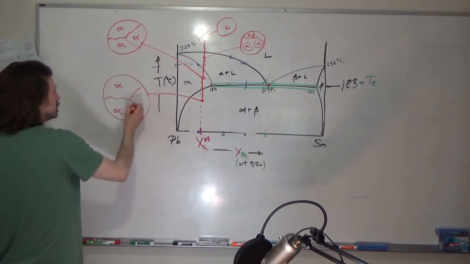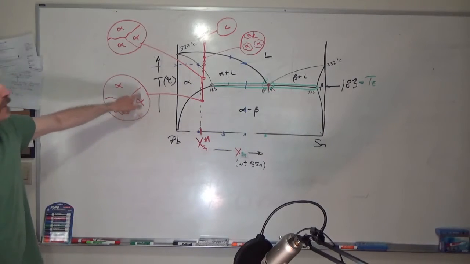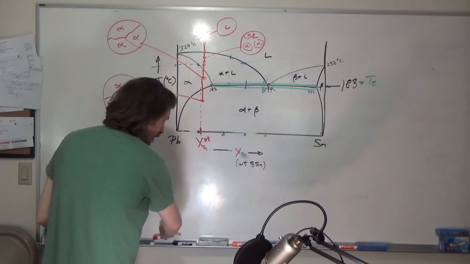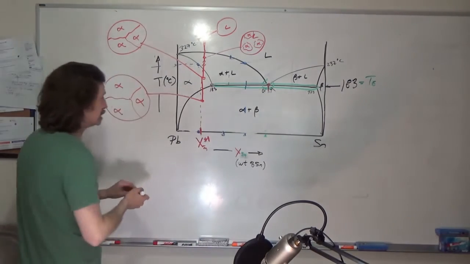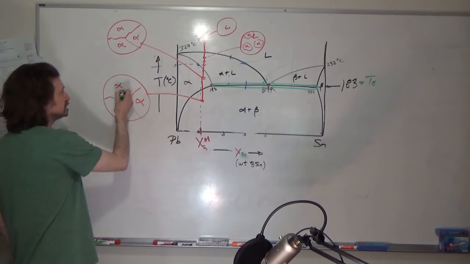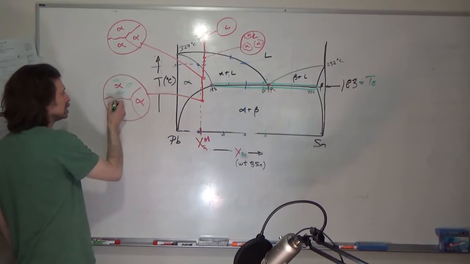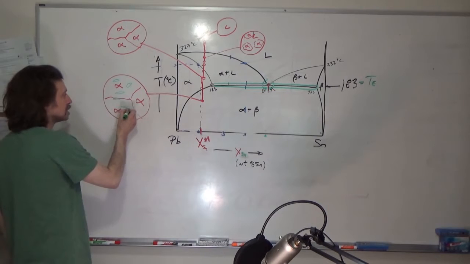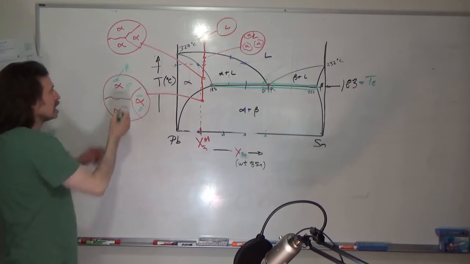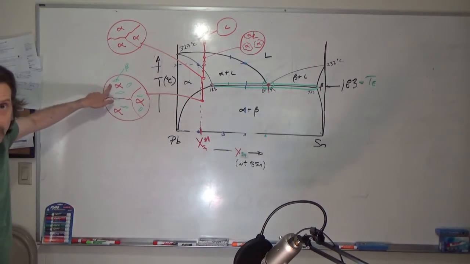I still have those large alpha grains that I had before, but now, I'm going to pick a green here, I have little solid precipitates of beta that form.